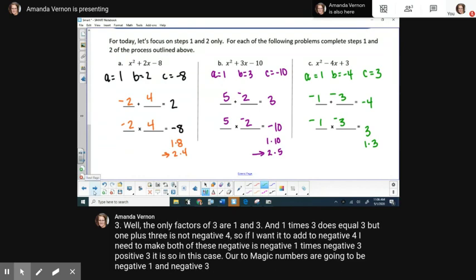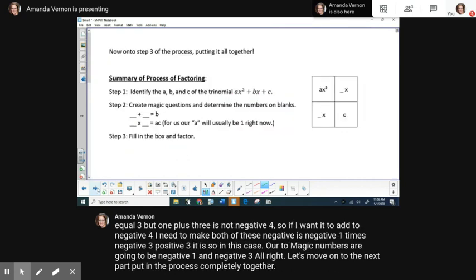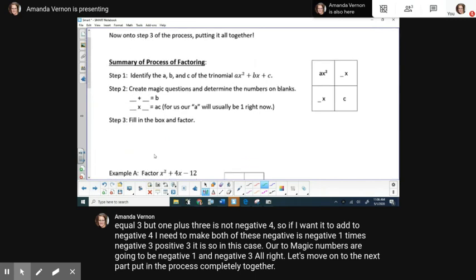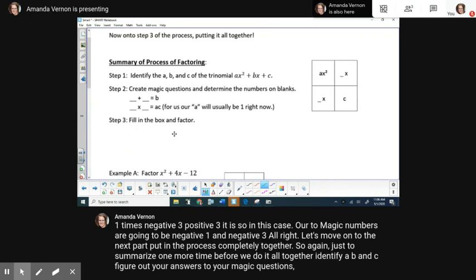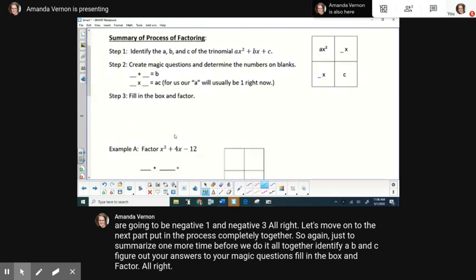All right, let's move on to the next part, putting the process completely together. So again, just to summarize one more time before we do it all together: identify A, B, and C, figure out your answers to your magic questions, fill in the box, and factor. All right, I have two examples for us to practice here.